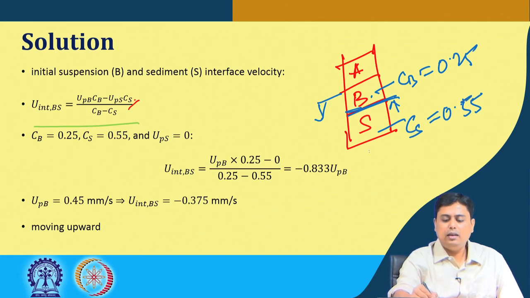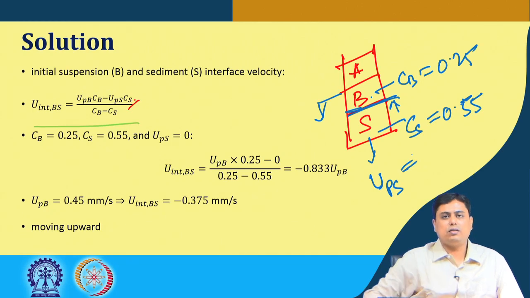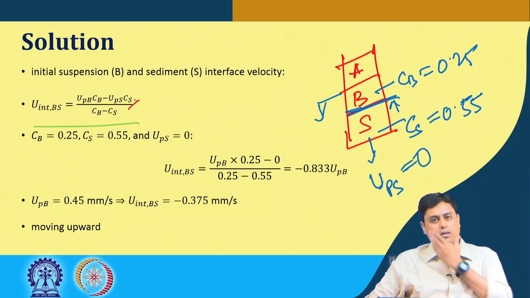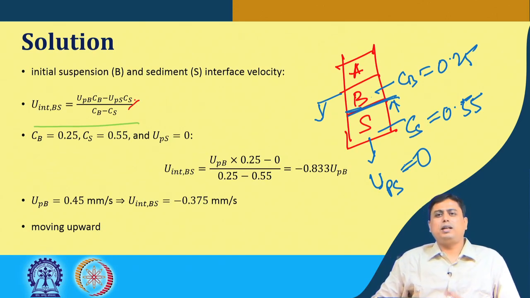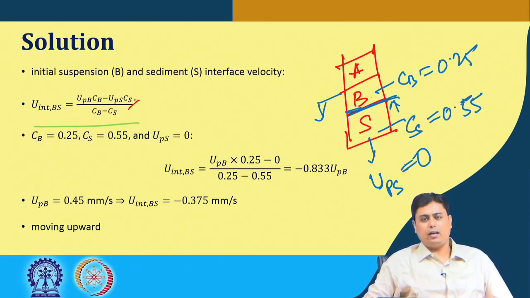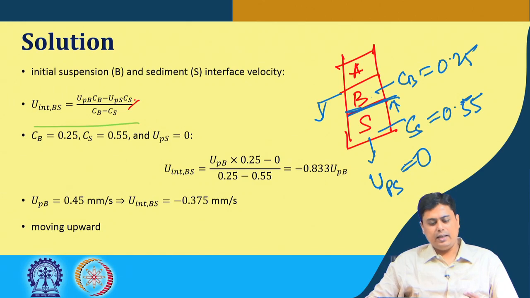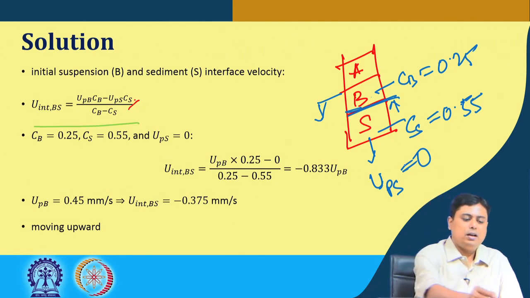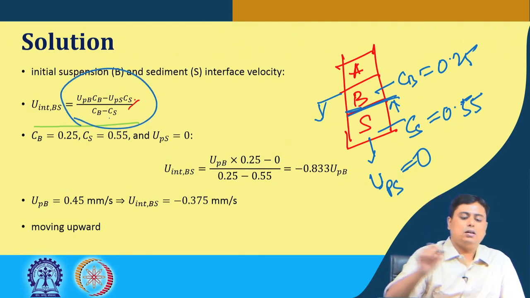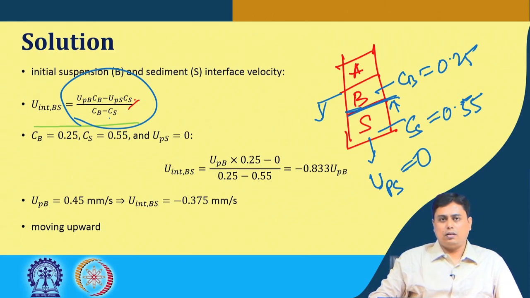Now see this UPS, this is the sedimentation part, which is obviously 0, because there the solid particles are coming and settling and being at rest. So in this zone basically there is no velocity of the particles. So which means here on the right hand side all information is given.